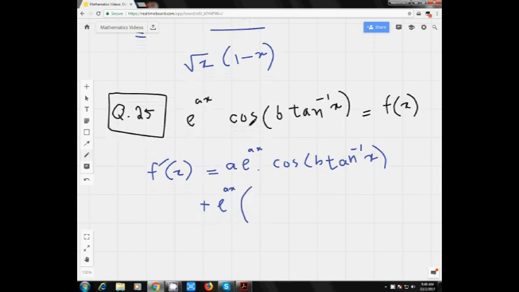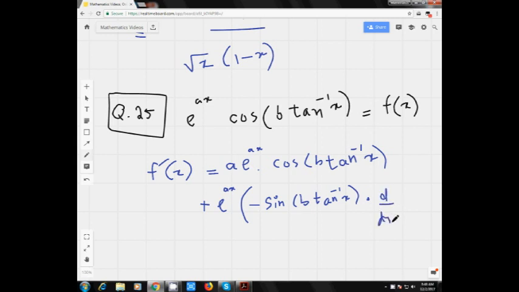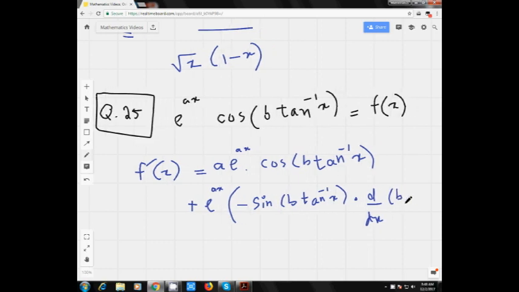The derivative of the cosine function, we have to take the derivative of this function cos b tan inverse x. The derivative of the cosine function is negative sine of the angle, and the angle is b tan inverse x, and you have to multiply this quantity with the derivative of the angle, d by dx of b times tan inverse x.